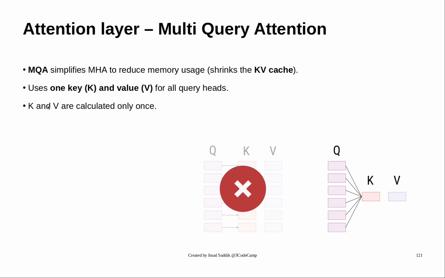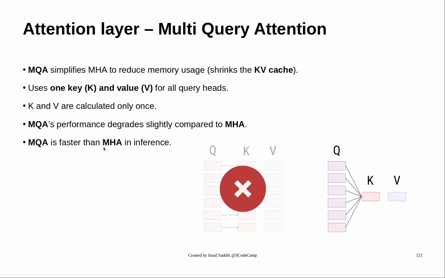This means that K and V are calculated only once and then shared between the query matrices or between the heads. This means that the number of parameters will decrease, which might in turn impact the model's performance in some cases. But the major benefit of MQA is the inference speed. This method is way faster than MHA when generating tokens.